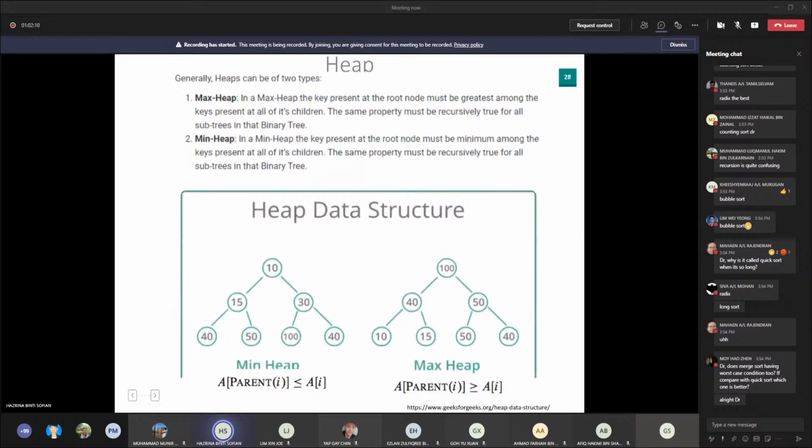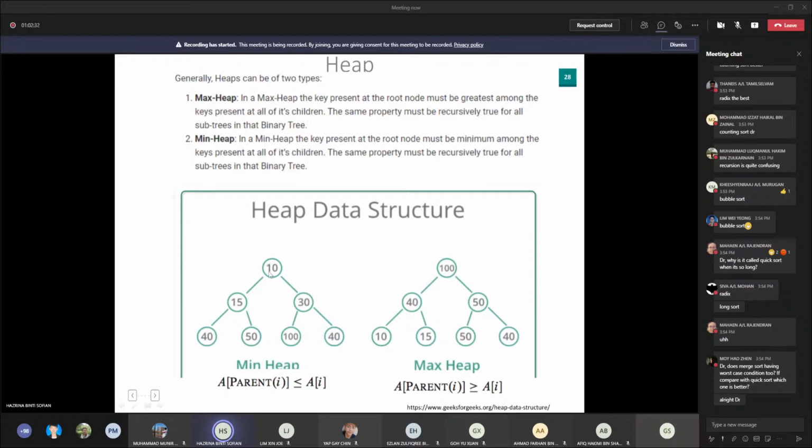Then I would like to explain a little bit about max heap and min heap. For the min heap, the root node must be the minimum among the keys of its children.